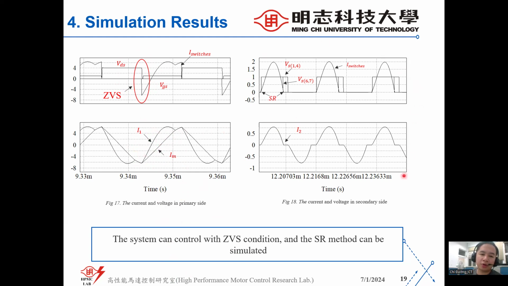About the current and voltage in the secondary side, VS1 turns on and VS7 also turns on, and VS6 and VS7 turn off following the duty cycle analyzed before, at the same time with the current turning on and off. So that's why the system can achieve the zero voltage switching condition, and the synchronous rectification method can be simulated.